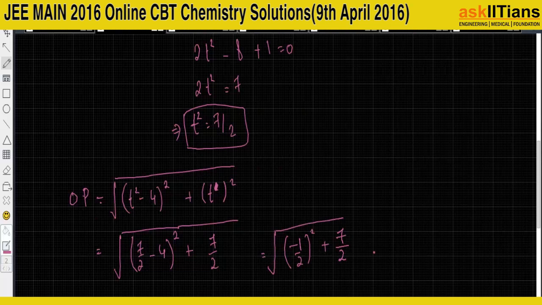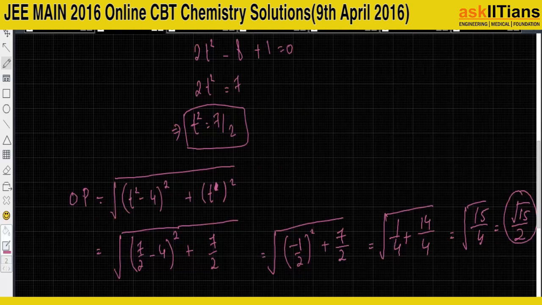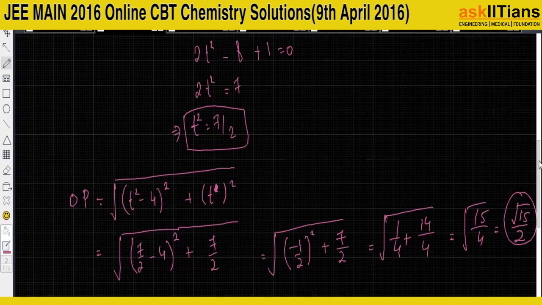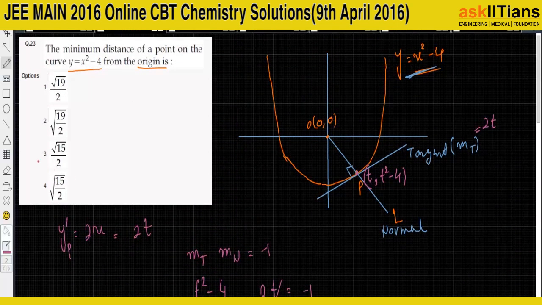This quantity will be 1 by 4 plus 14 by 4, since 7 by 2 is 14 by 4. So this will be 15 by 4 under root, which is nothing but root of 15 divided by 2. So this will be the right answer. The correct option is root of 15 divided by 2. This was a very easy question.